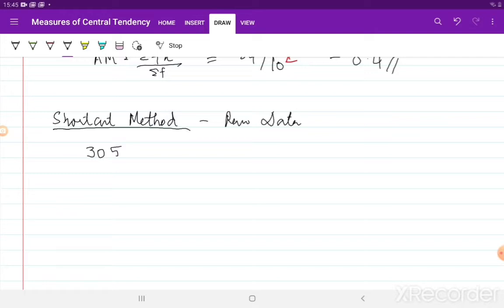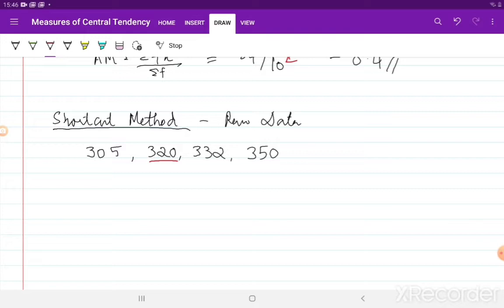The example in the book is the numbers that you have is 305, 320, 332 and 350. When you have such large numbers, and especially in the days when the calculator was not so easily available, if you have to take its mean using the shortcut method, what you do is you select one of these numbers as the central variable.